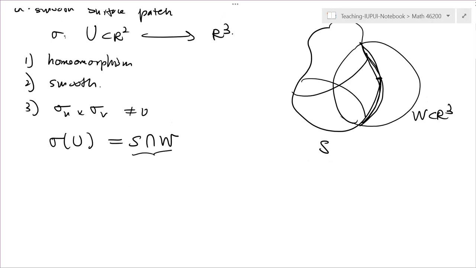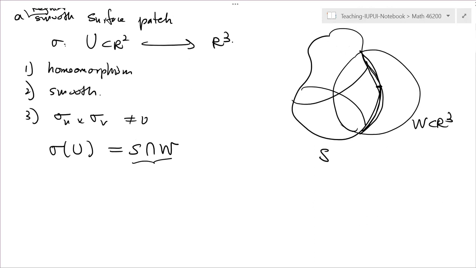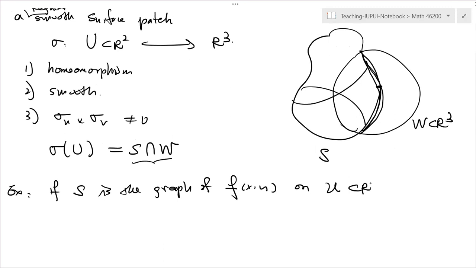Some surfaces in space cannot be the image of one single homeomorphic, regular smooth surface patch. But a surface like a graph, yes. For example, if S is the graph of a function f with two variables x and y on some open set in R2, then S is a surface.